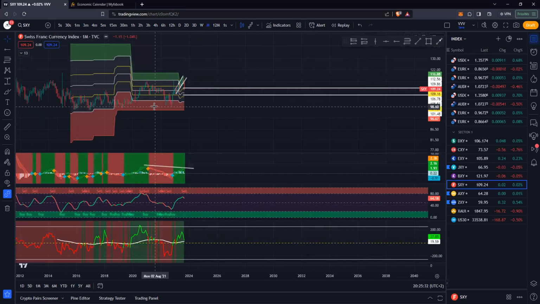Okay, then the SXY. The SXY is something different because here is a structural divergence forming in the market. We got the sell signal and this is about to cross, but unlike the rest of the currencies, it's something different here.